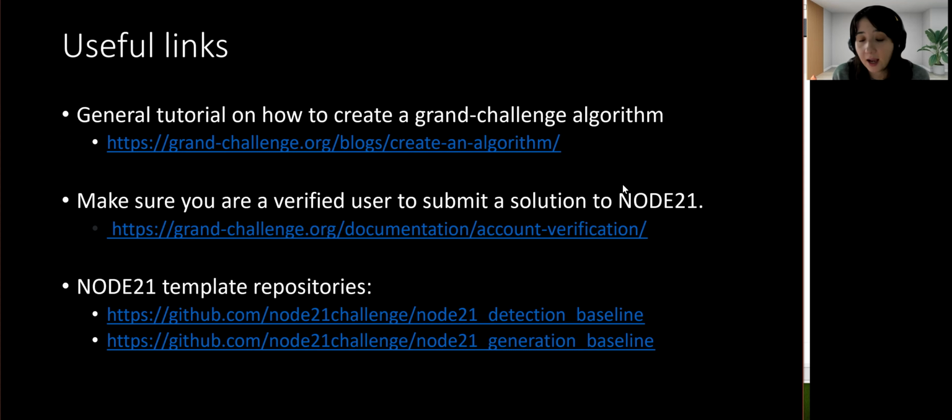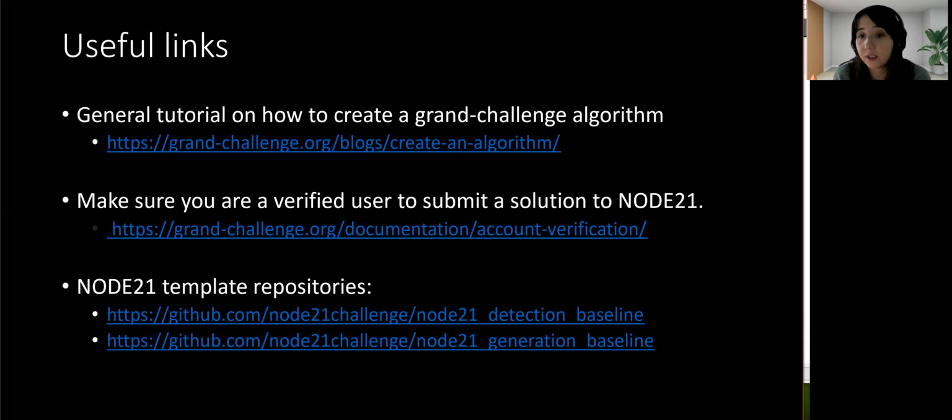And lastly, very importantly, we provide two baseline repositories, one for the detection track and one for the generation track. They are baseline repositories, but they also serve as a template for how you could wrap your algorithm and submit your solution to Grand Challenge.